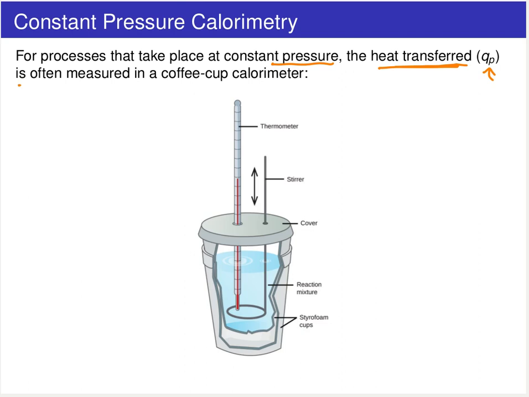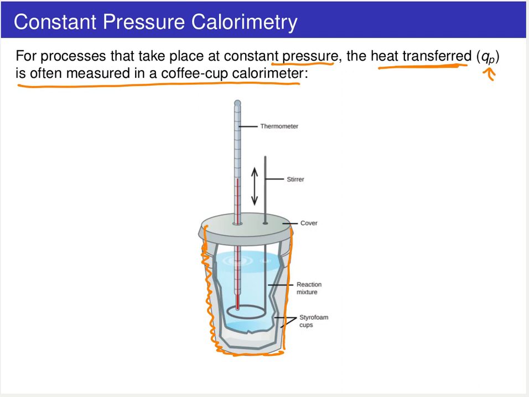is often measured using a device called a coffee cup calorimeter, which can actually be constructed out of a coffee cup. So the idea behind a coffee cup calorimeter is, we want to provide some sort of thermal isolation, right? Which is the styrofoam cup going all the way around here.